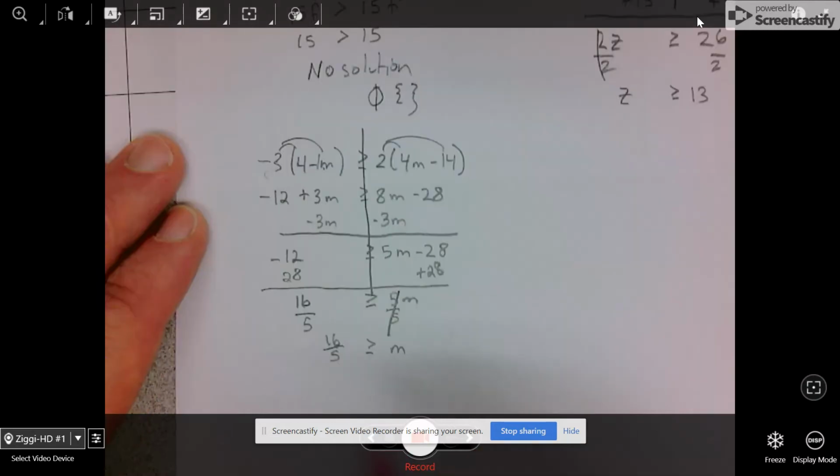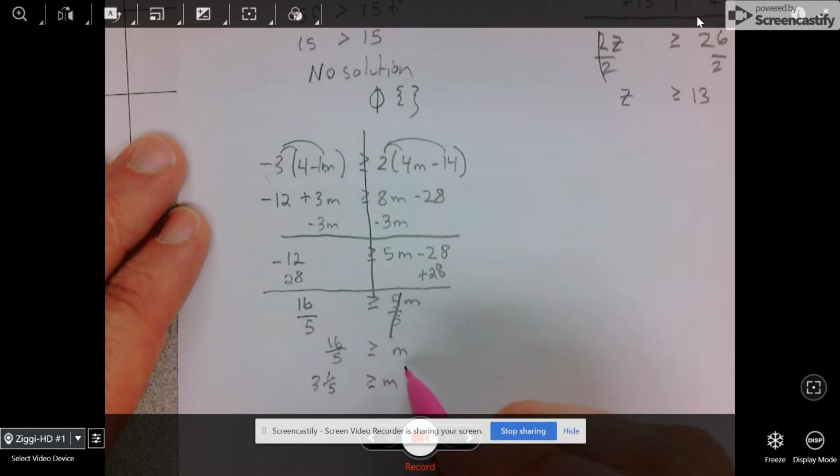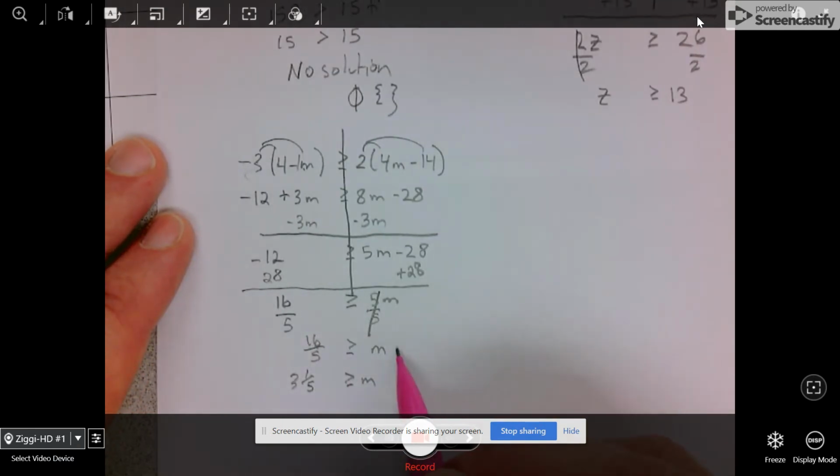To graph this and even to write your solution, we want to flip it back over. So I need to put the m on the left. You can't do that without flipping over the inequality sign. If I were able to take my paper and turn it over, that would be what it reads. Okay, so I go to my graph, and I'm going to write this as 3 1/5 because it helps me think about the number a little better.